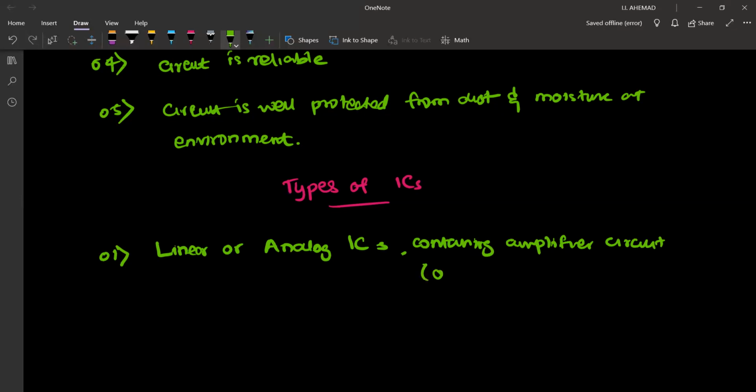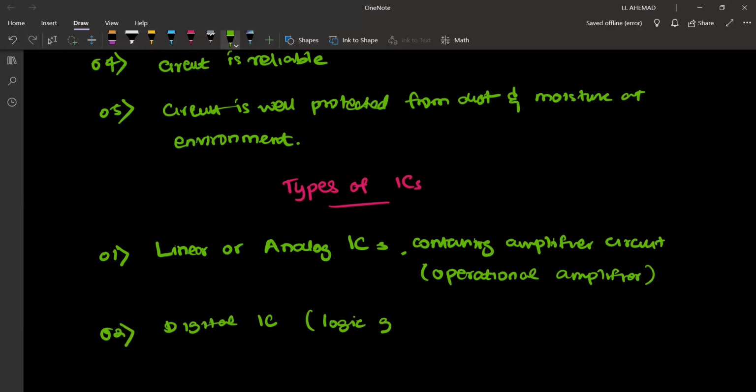For example, operational amplifier. Second, digital IC, containing switching circuits. Example, logic gates.